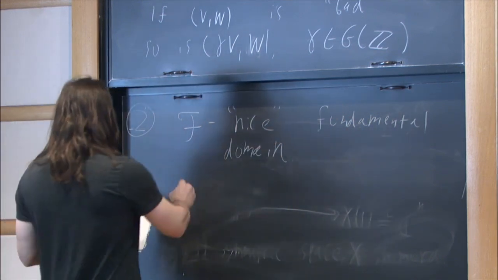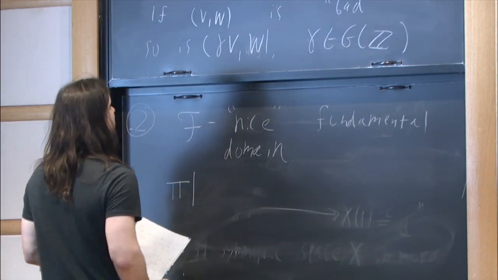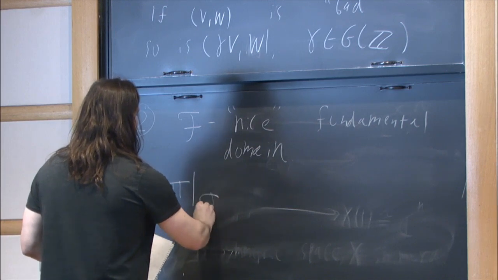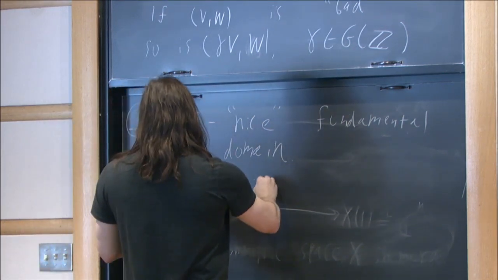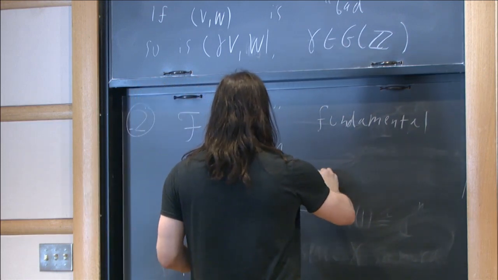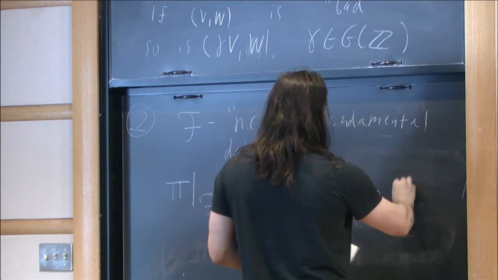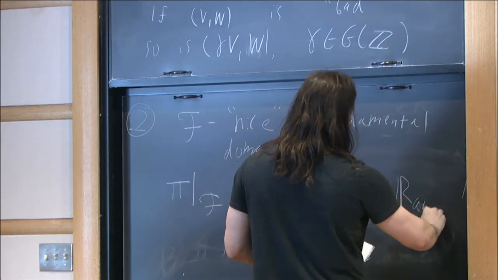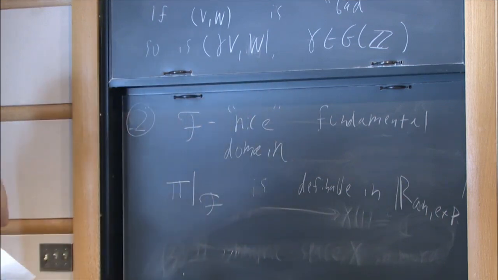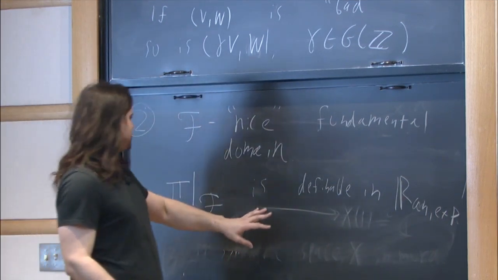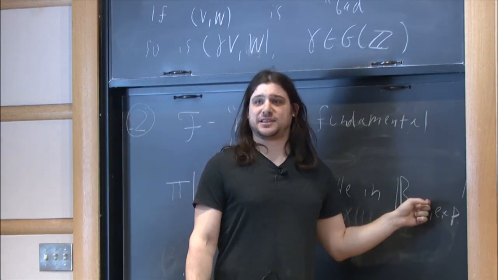And then if you look at the projection map π from Ω to X, and you restrict it to F, then this is definable in this o-minimal structure, R_an,exp. So again, I don't want to focus on what this means. Roughly, it means you can build this map out of the real exponential function and subanalytic functions.